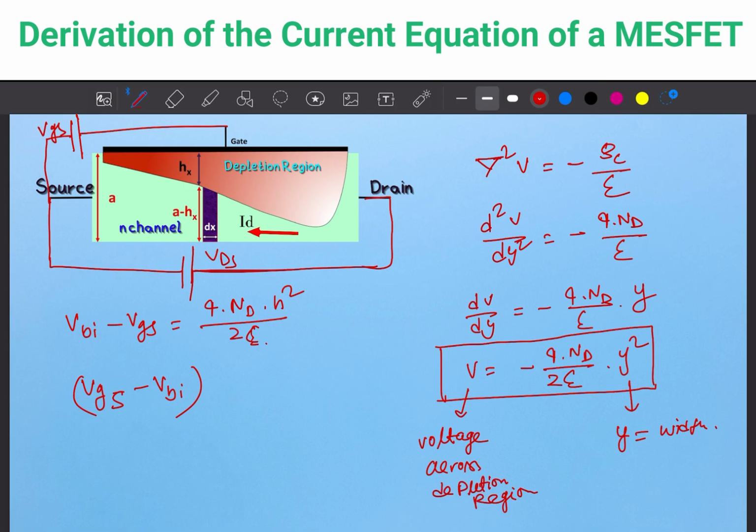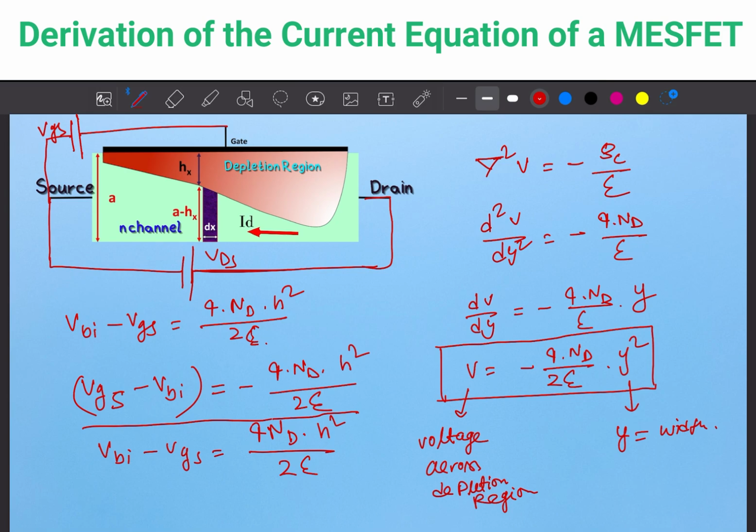And here we have one minus, so it will be minus q Nd h square by 2 epsilon. So this minus will cancel, then it will be Vbi minus VGS equal to q Nd h square by 2 epsilon. This is the voltage equation across the depletion region in the linear region.